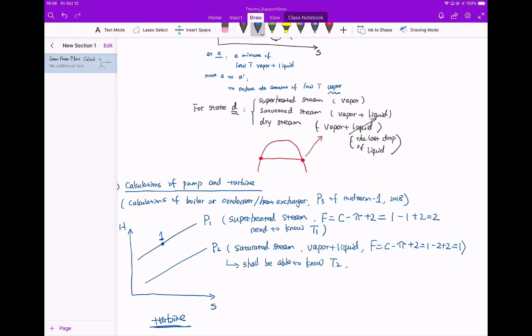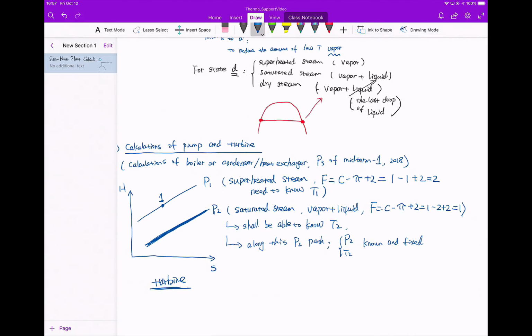The second information is along this. This might be quite useful. This is along this curve over there, the P2 path or curve. I have P2 and T2 known and fixed.